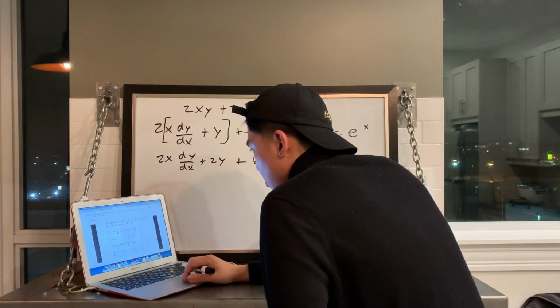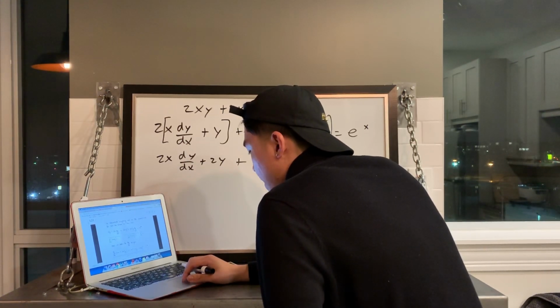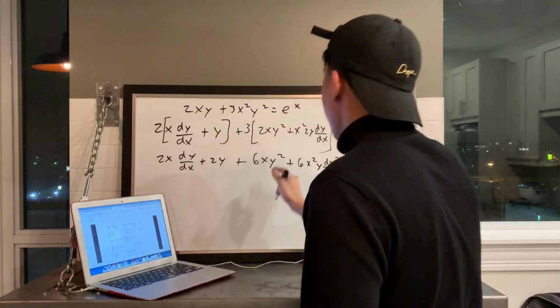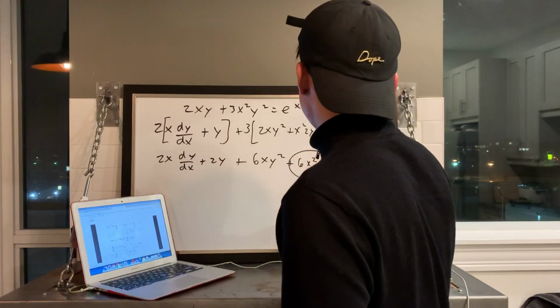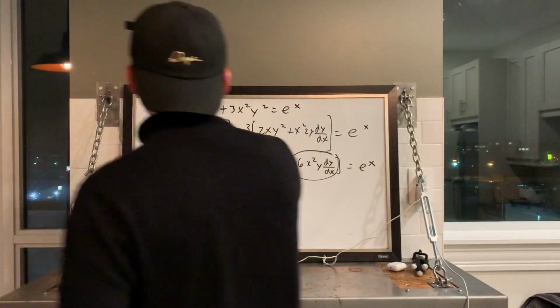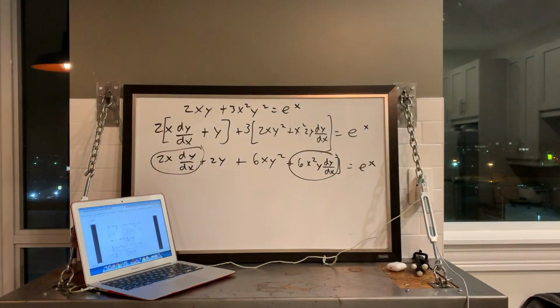So what happens now is that I can rearrange this in some way. These are two terms that have dy dx in them, and I want to group those together because I want to essentially factor out dy dx.